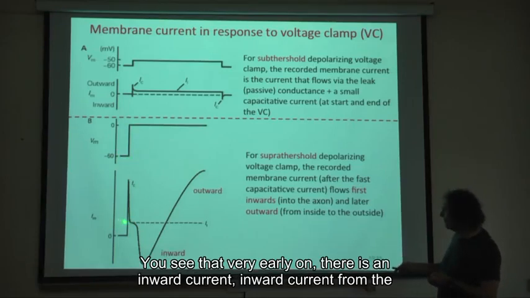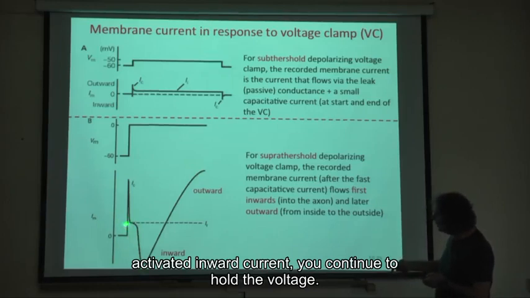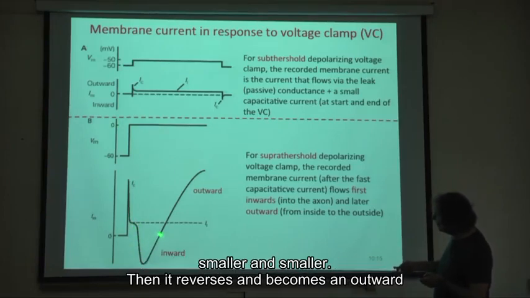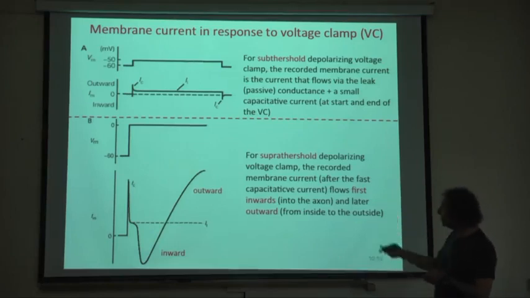You see that very early on, there is an inward current from the outside into the axon. This is an inward current that is activated. You continue to hold the voltage. This inward current becomes smaller and smaller. Then it reverses and becomes an outward current from the inside of the axon outward.